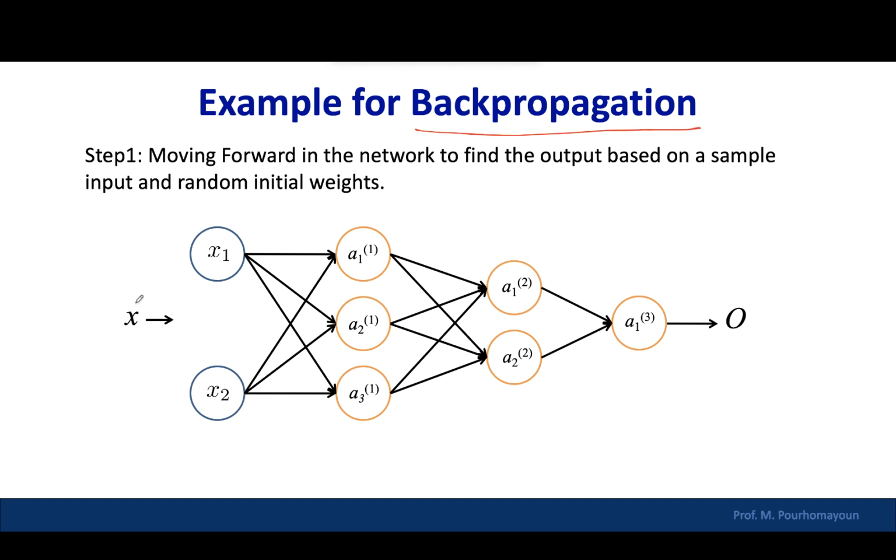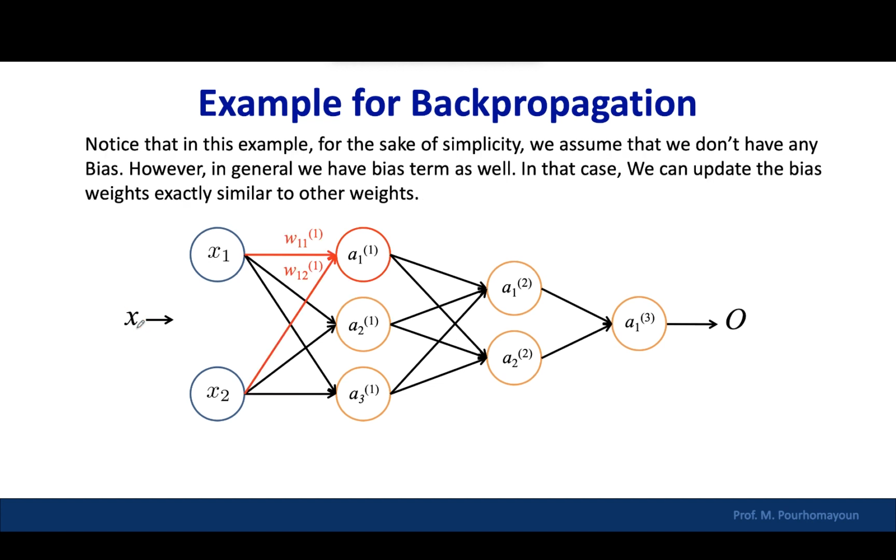Okay, so X is my input data, my features. I forward propagate it in the network. Okay, so notice that just for the sake of simplicity, I ignore the bias here in this picture, but we have it anyway. It doesn't matter, just for the sake of simplicity.